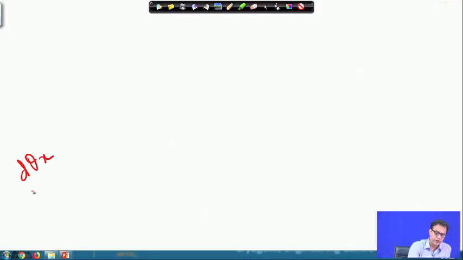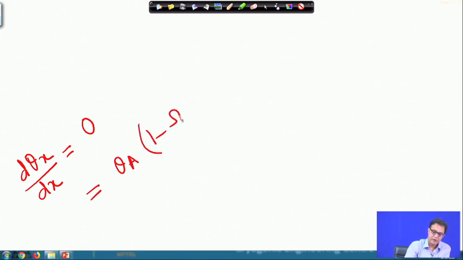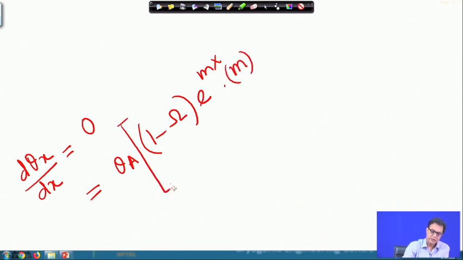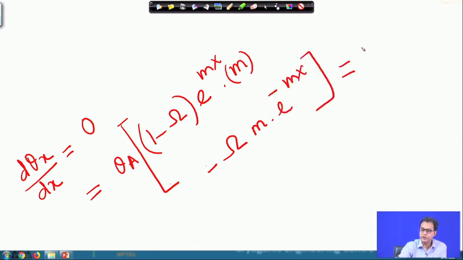What we do is that we differentiate it with respect to x, and then we equate it to 0. So, this will lead to the situation that theta A and [1 minus omega] and e to the power m x, there would be another m here, then we will have minus omega into m into e to the power minus m x, and that has to be equated to 0.